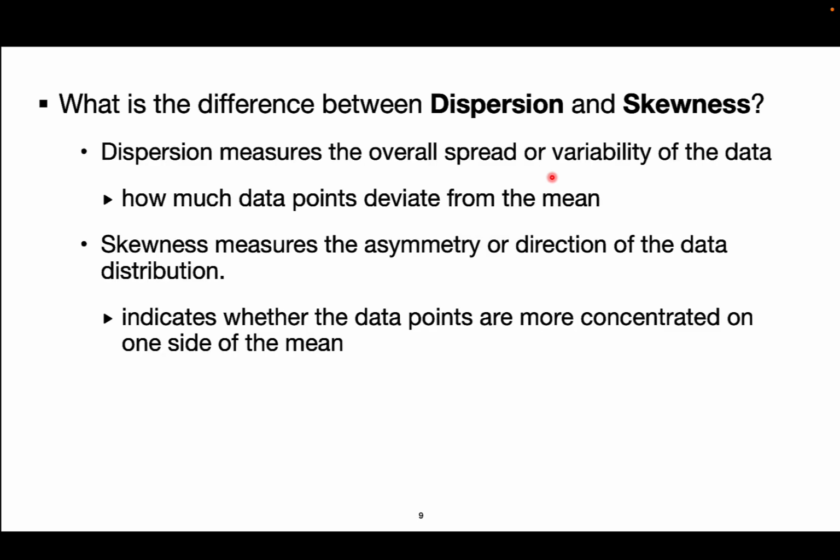Dispersion measures the overall spread or the variability of the data. In other words, we're answering how much data points deviate from the mean. On the other hand, skewness measures the asymmetry or the direction of the data. Is the concentration on the right side or the left side of the mean?